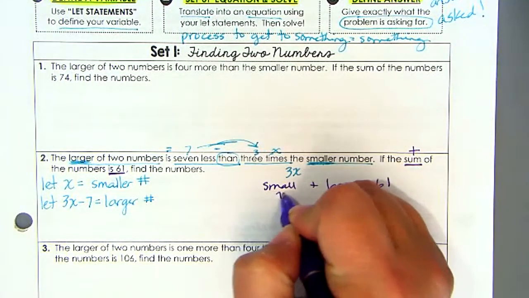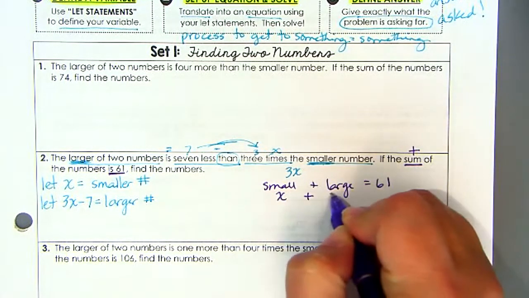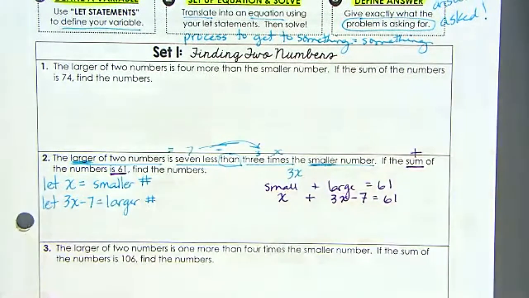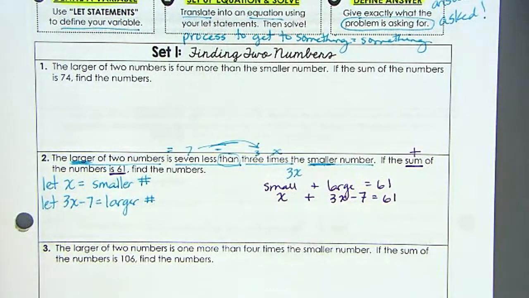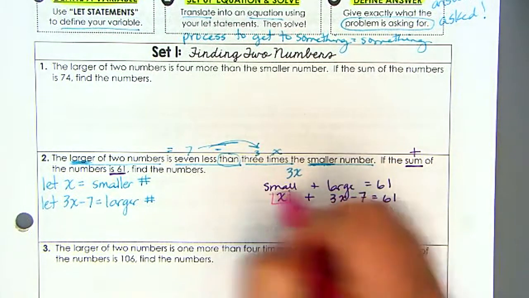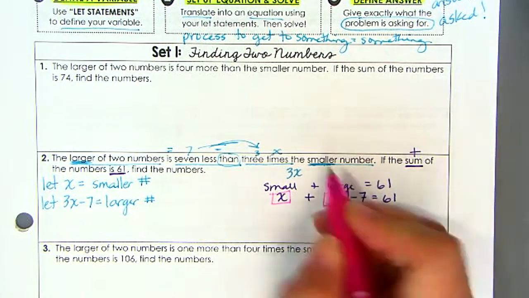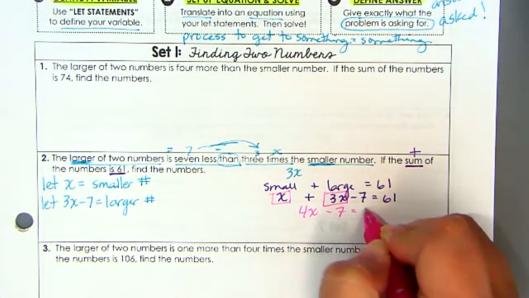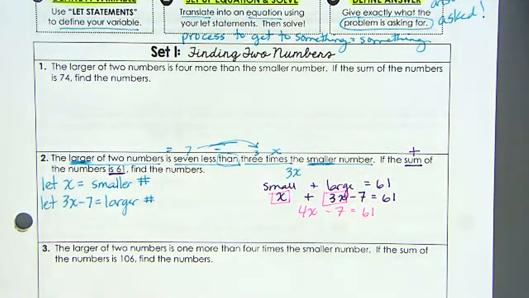So I'm going to have x plus 3x minus 7 equals 61. And now I solve. Combine my like terms. And I have 4x minus 7 equals 61.